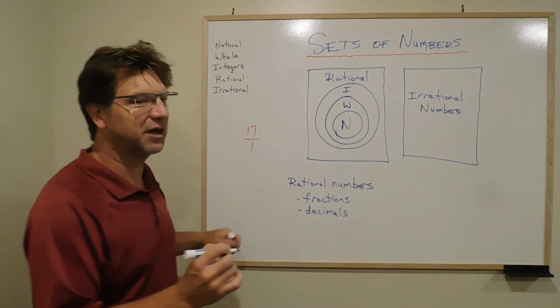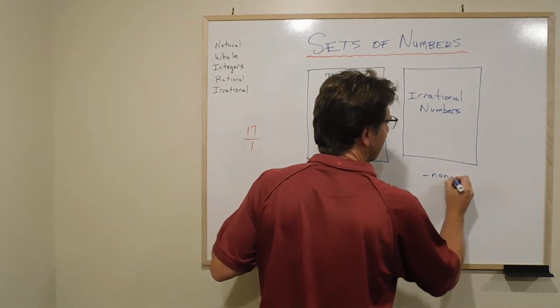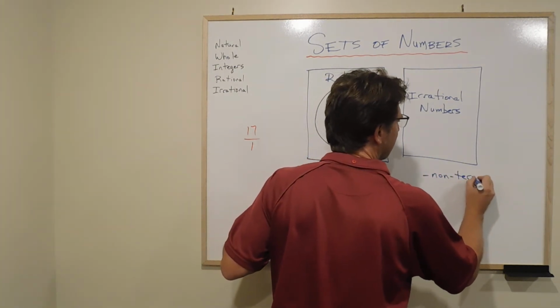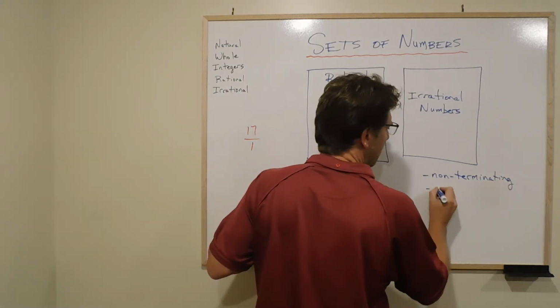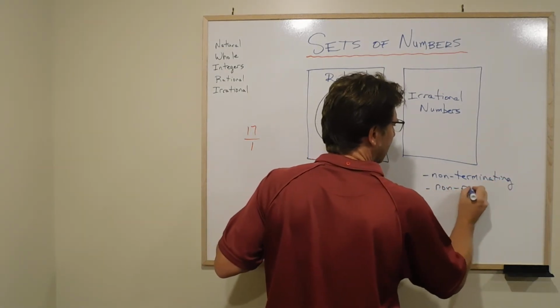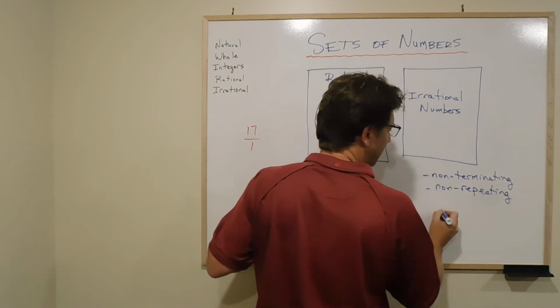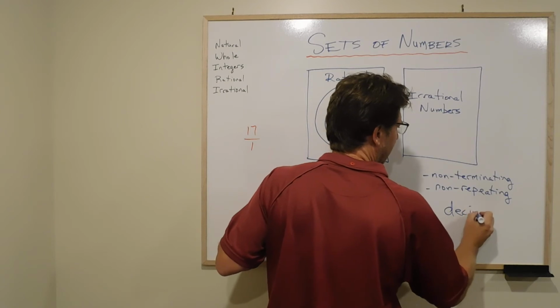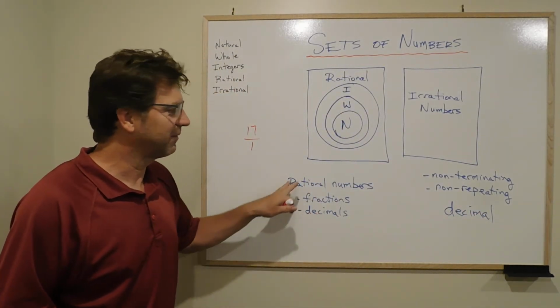An irrational number is a non-terminating and non-repeating decimal. Okay. Remember I said a lot of the decimals are rational numbers?